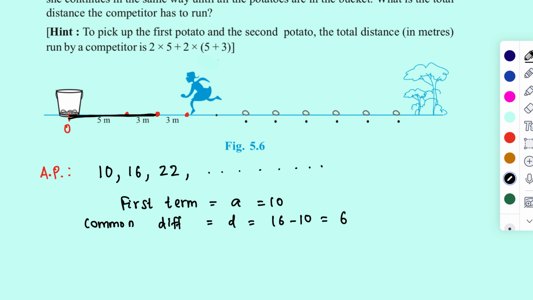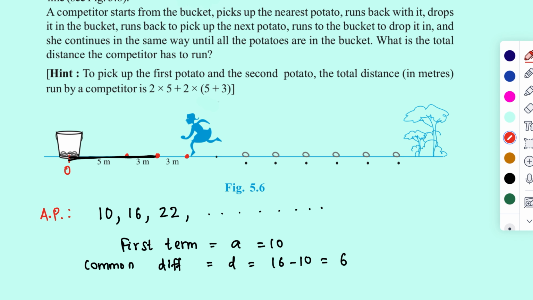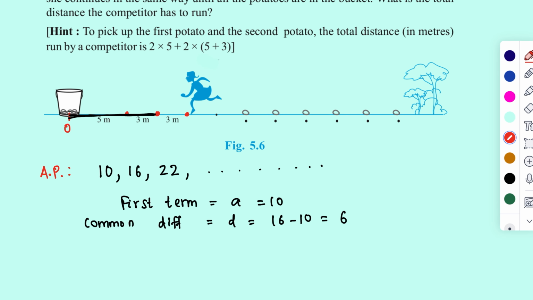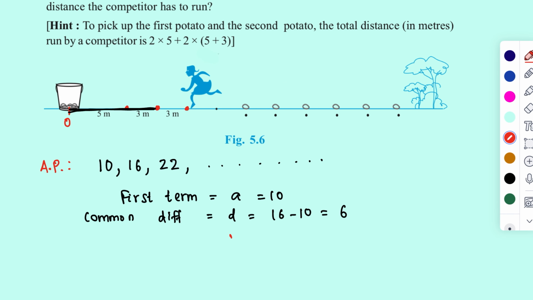That means if there are 10 potatoes, here she has to move 10 times to pick up the potato and to put it in the bucket. So n will be equal to 10.